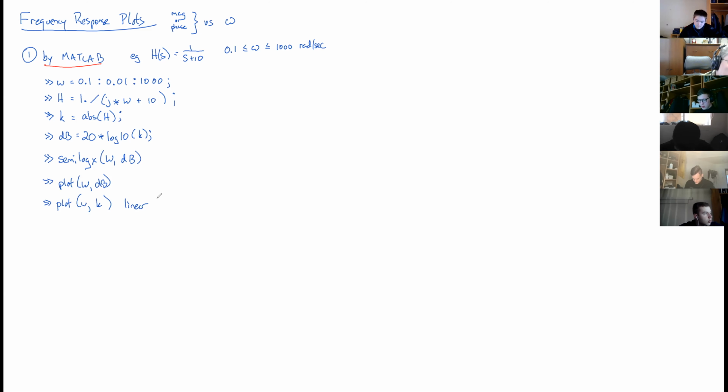But what we've done so far is the most standard way of doing it: plotting dB vertically, and then plotting logarithmically over here. That's kind of the standard.